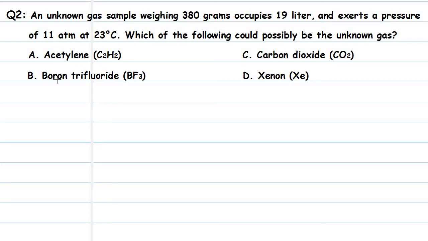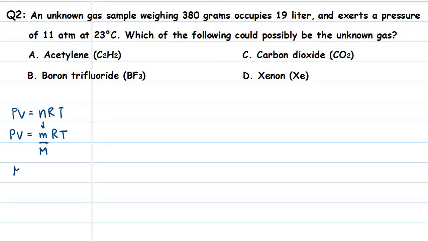Alright, so we should be able to use PV equal to nRT again. And n equal to m over big M. And PV equal to m over big M RT.